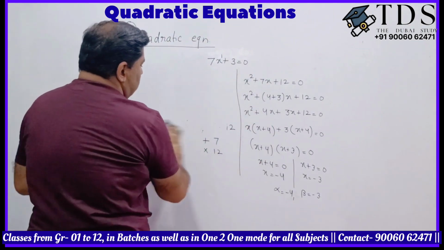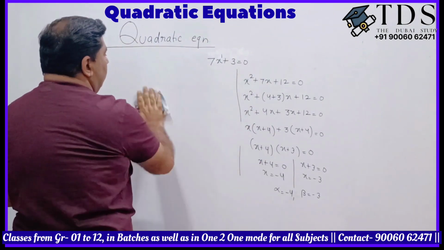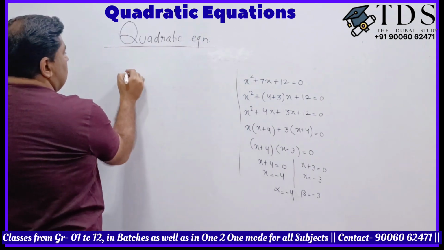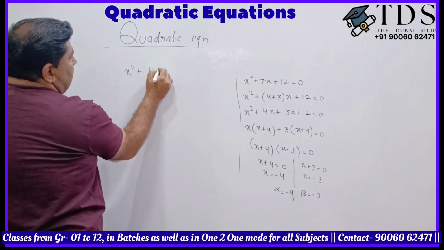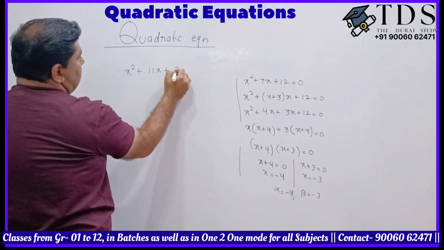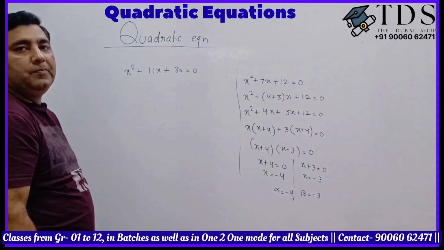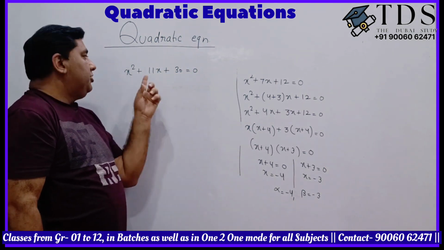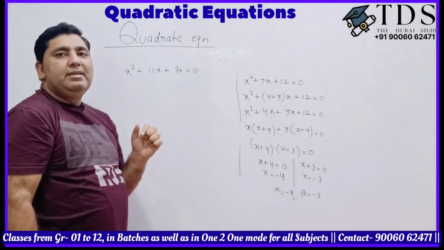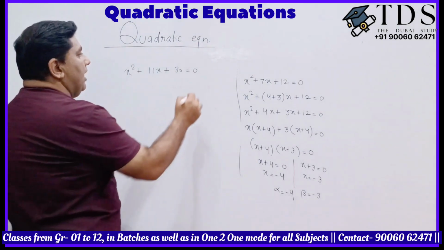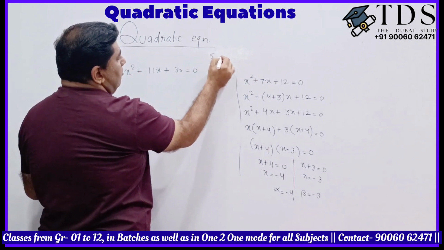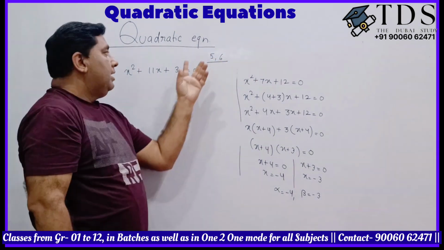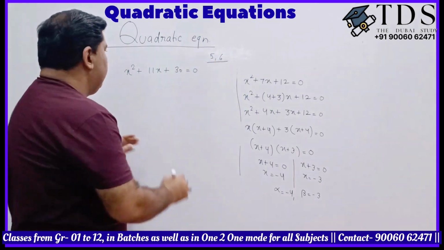Now we come to the next example of quadratic equation. Suppose we have x square plus 11x plus 30 equals to 0. Okay. Now we have to think of two numbers for which the sum is 11 and the multiplication is 30. 5 and 6 are those numbers whose sum is 11 and whose product is 30.